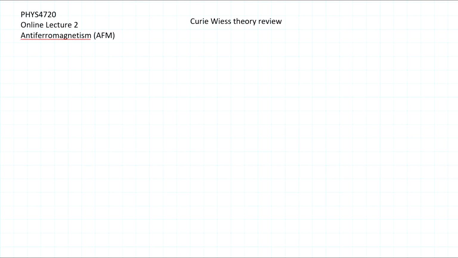In this review, what we'll start with, if you remember, we looked at the Curie Weiss law. The magnetic susceptibility is equal to Curie constant divided by T minus theta. Theta is the Curie temperature, C is the Curie constant, T is temperature.